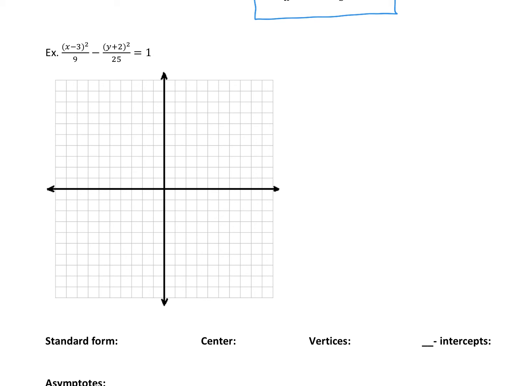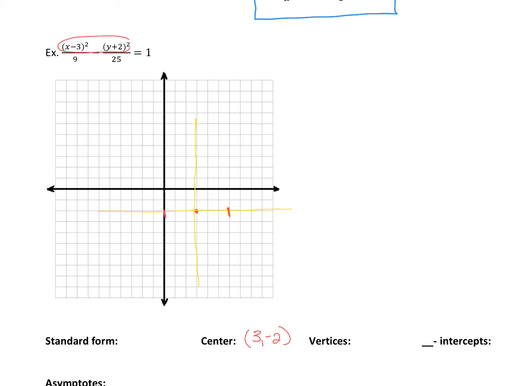First thing I would look at would be my center. And I can see right here that my center is 3, negative 2. So right here. Now what we've done when we say translate the axis is we're now going to think of this as our origin. And so in the x direction, I'm going to go 3 here and here.